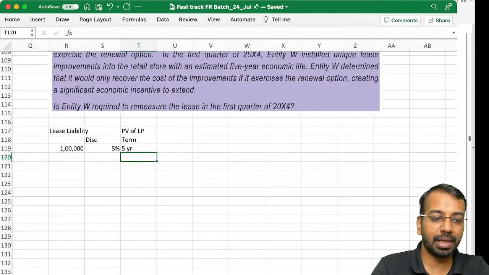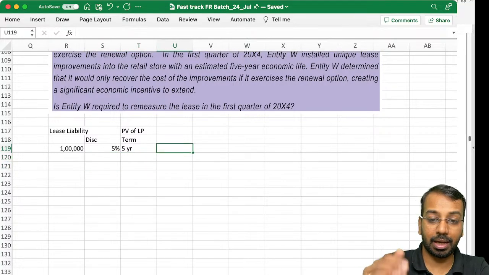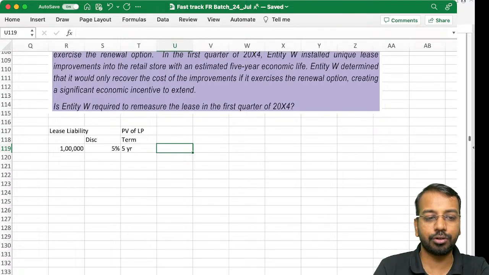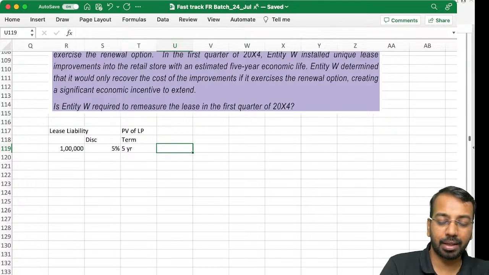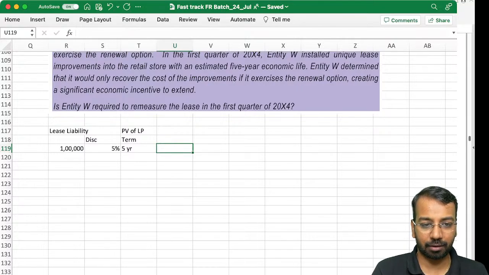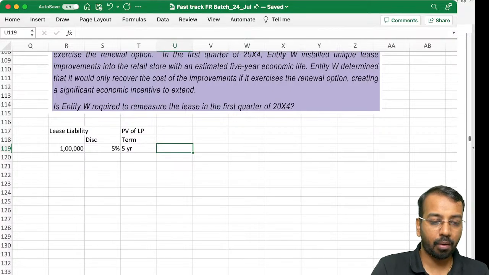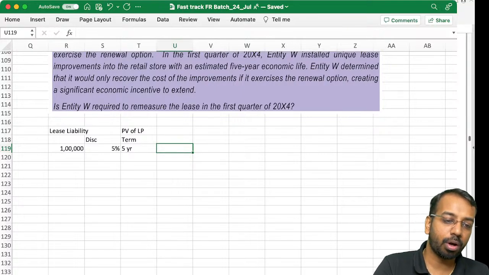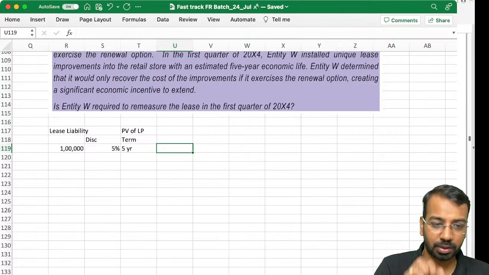Okay. Now, in the examination, especially for this kind of question, though the material has given a detailed year by year calculation, you don't need to do it because it is 1 lakh and it is 5% for 5 years. What all of you can do is take your calculator. Most of you would already be doing this: 1 divided by 1.05, 1 time, 2 times, 3 times, 4 times, 5 times, because we have 5 years.